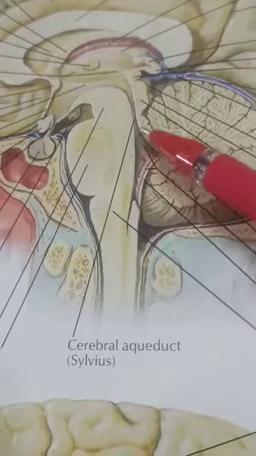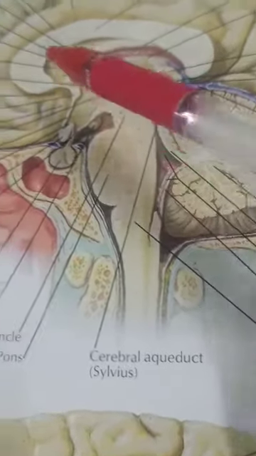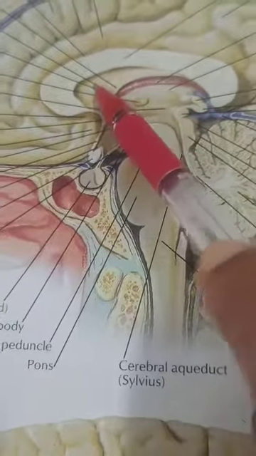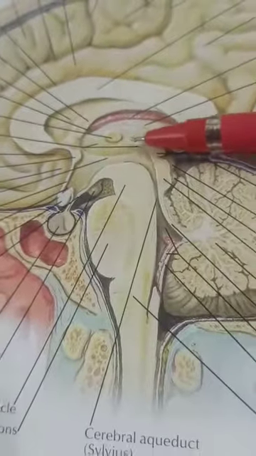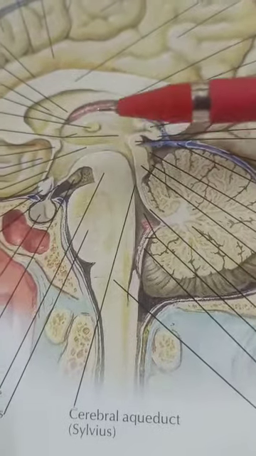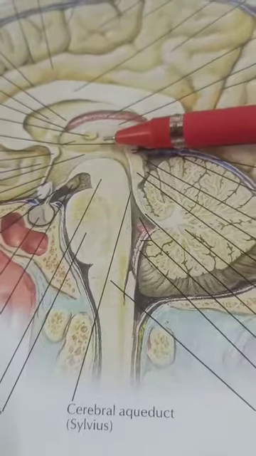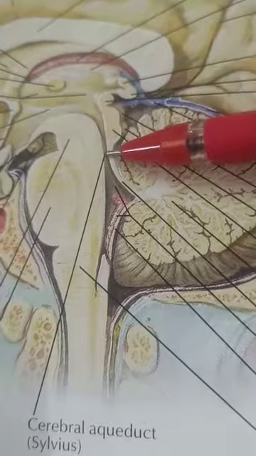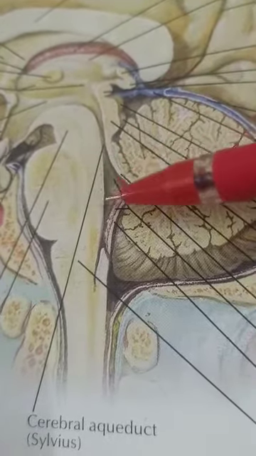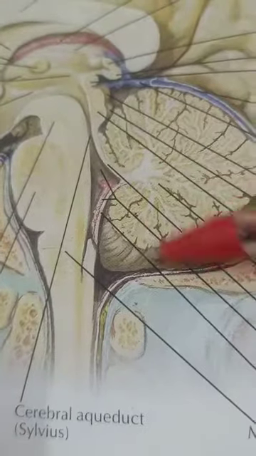So in the posterior we can see there is a cavity. This is known as the fourth ventricle. So here comes the lateral ventricle, and this is the third ventricle. Between the two thalami, one more thalamus will be coming here. So between the two thalami and the hypothalamus there will be a space that is known as the third ventricle, and the cavity inside the midbrain is known as the aqueduct of Sylvius, and within the pons, this is the posterior aspect of the pons, and here comes the cerebellum.